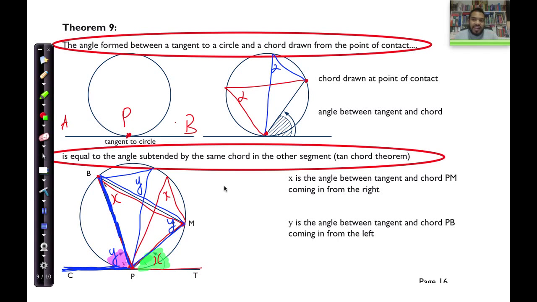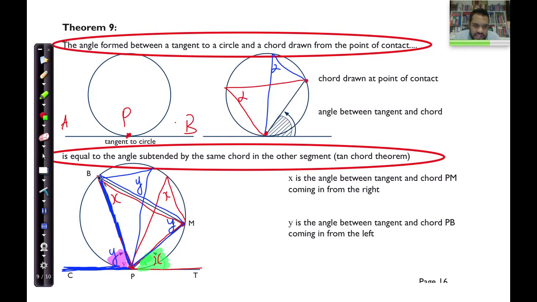Now do you get the idea? I've got a tangent and I've got a chord. I've got an angle between the tangent and the chord. And then I take those 2 points on the chord, right? And I take it to the other part with my fingers, like that.